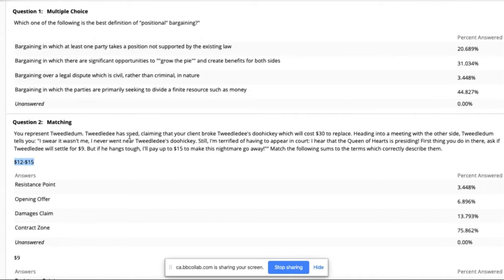So in this case, we can assume now that the $12 is the least that the plaintiff would accept in order to resolve that dispute. So assuming nothing else comes up and they can't invent any other intelligent solutions other than the payment of money, and they do settle, they're going to settle for a number between $12 and $15.